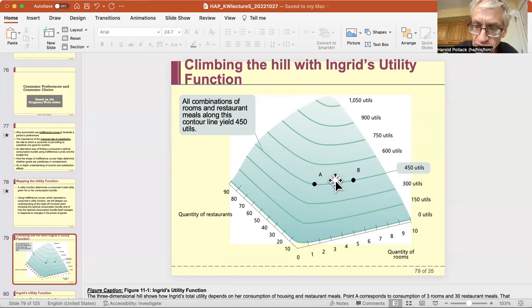So A and B, she's getting 450 utils at A and 450 at B. Let's say at A she's got 10 restaurant meals and she's got 1 room. At B, she's got way fewer restaurant meals, but she's got more rooms, and it works out to be the same.